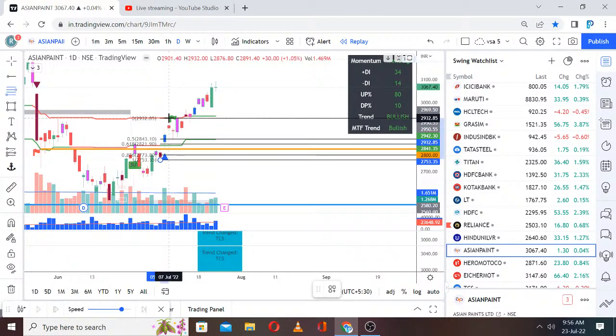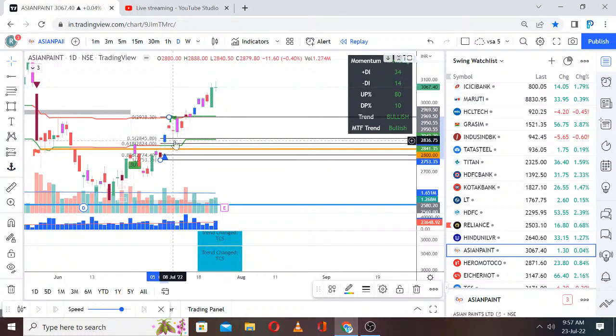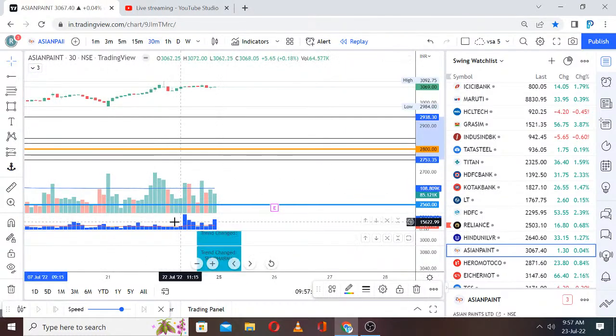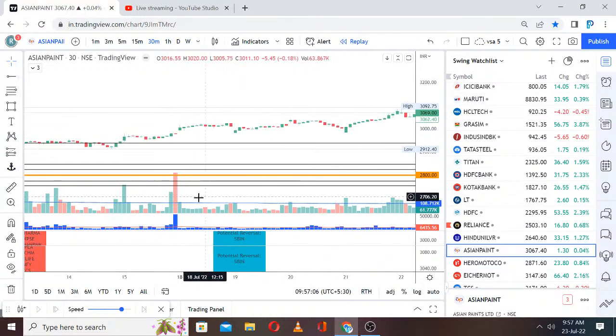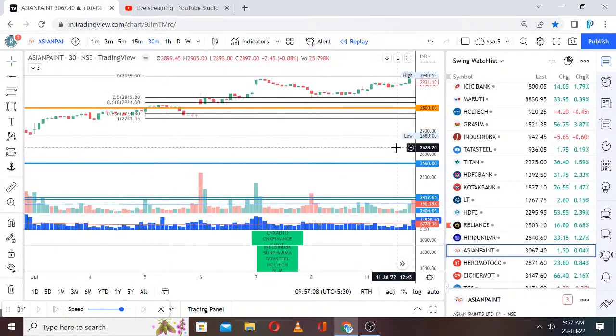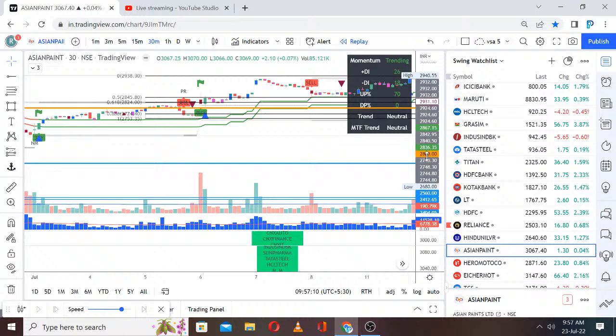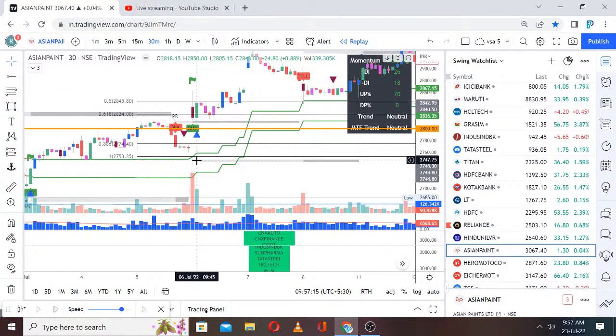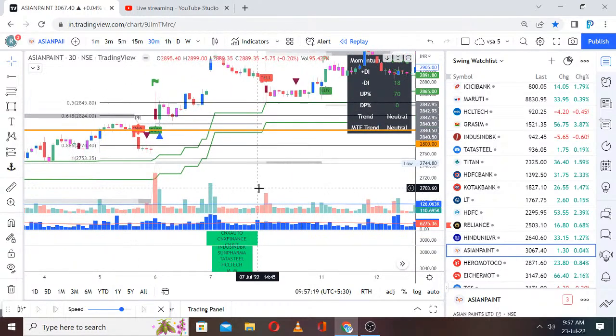Swing high. The initial prints we got the swing high. It came here. Then after that, I think that was gapped up.